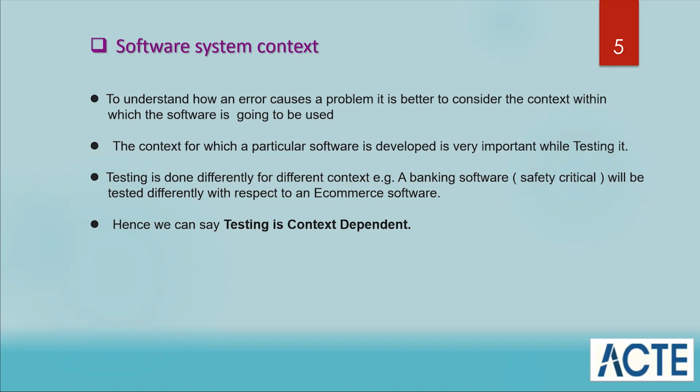Now coming to e-commerce software, like we discussed with Big Billion Days, testing will be done in such a manner that it can handle a lot of people on an hour or minute basis. So the testing of e-commerce software is done differently.